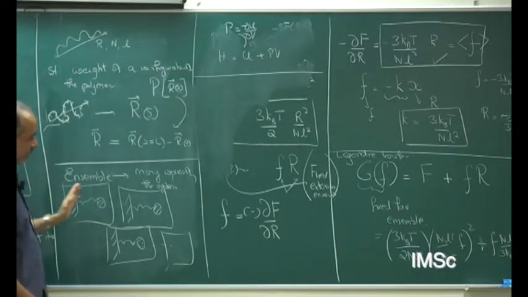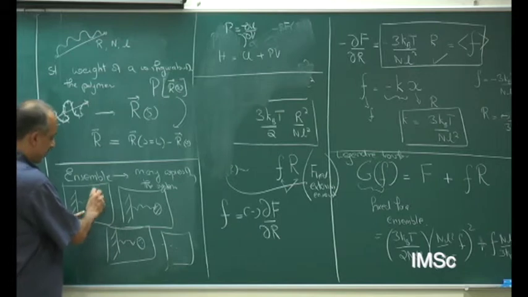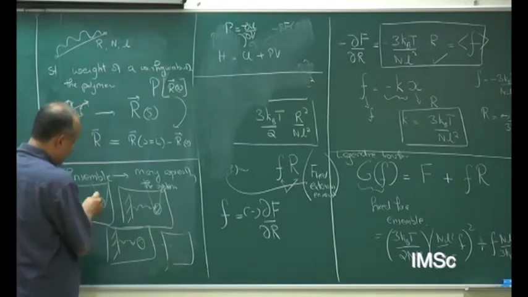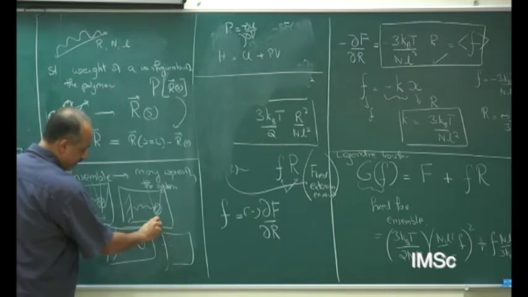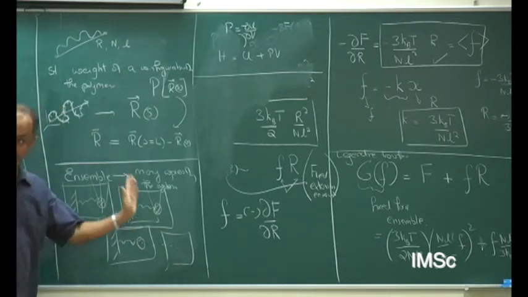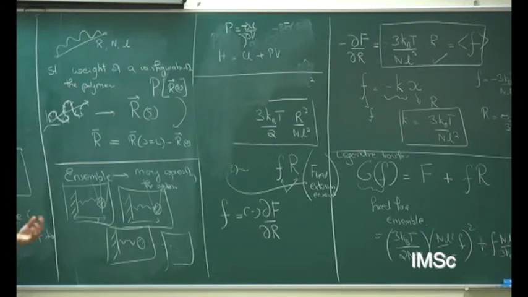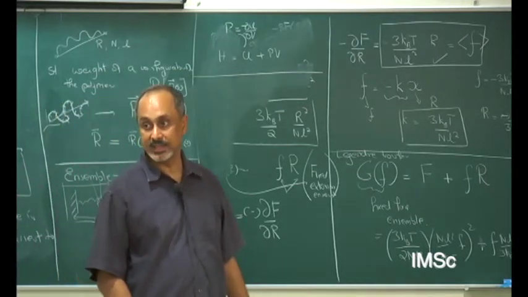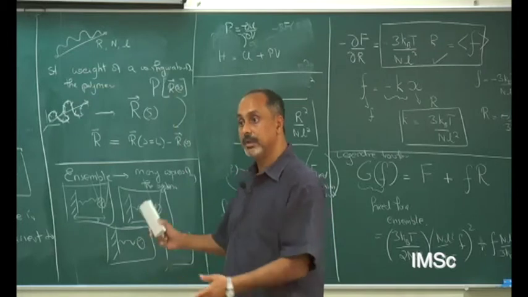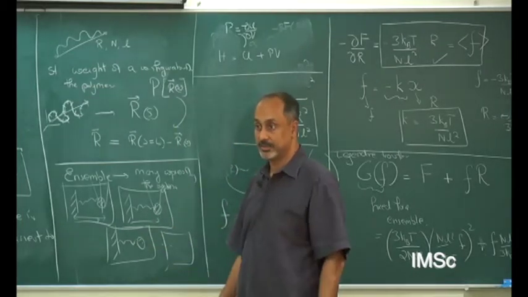For example, I can look at all ensembles of systems in which I put a potential and the size of the potential is the same distance r in each of these pictures. Then I would have fixed R and tried to measure the force that is trying to pull the polymer back. Okay, so that's what I mean by ensemble. It's many copies of the system, with the understanding that I can measure any quantity in equilibrium by just averaging over those multiple copies.